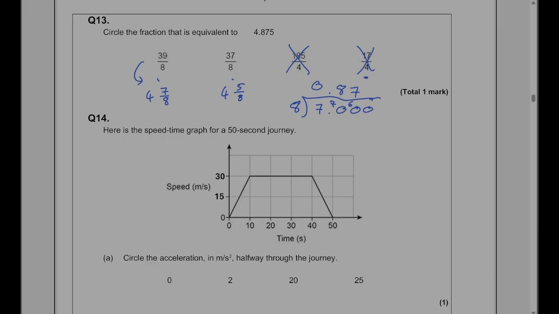And then 7 times 8 is going to give us 56, so we're left over with 4. And then 8 goes into 40 5 times, so yeah, that one works. So we're looking at that fraction.